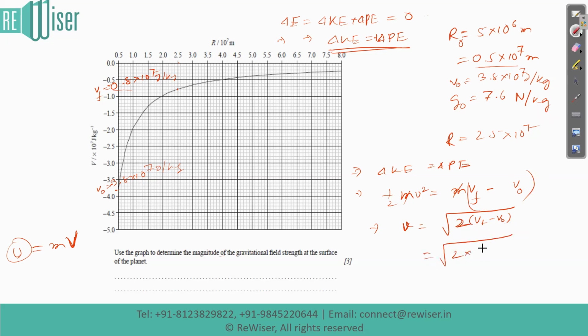So root 2 into V final is minus 0.8, minus of minus 3.8. I'll put this 10 to the power 7 outside because it is the same for both. Now solve this.